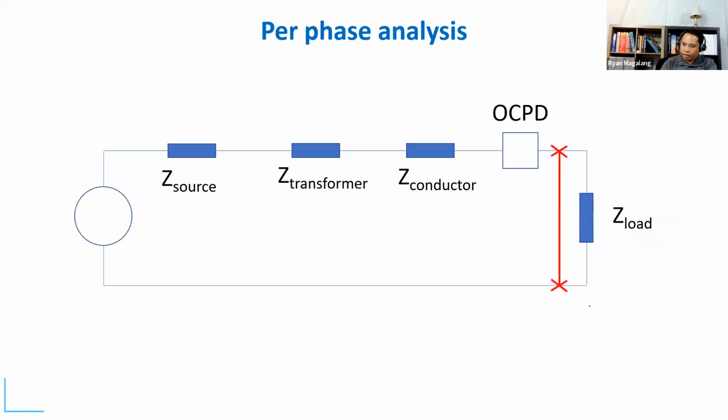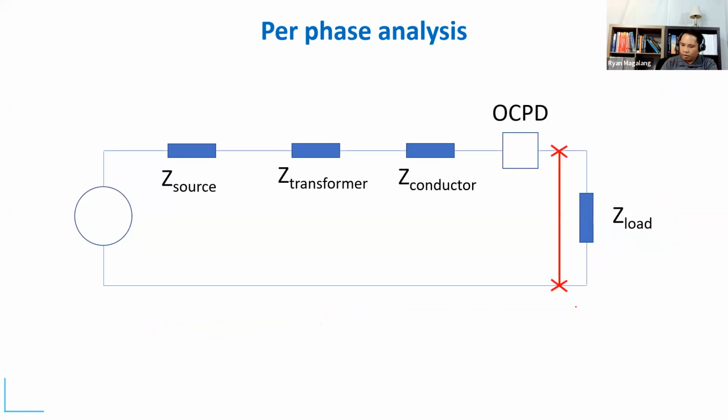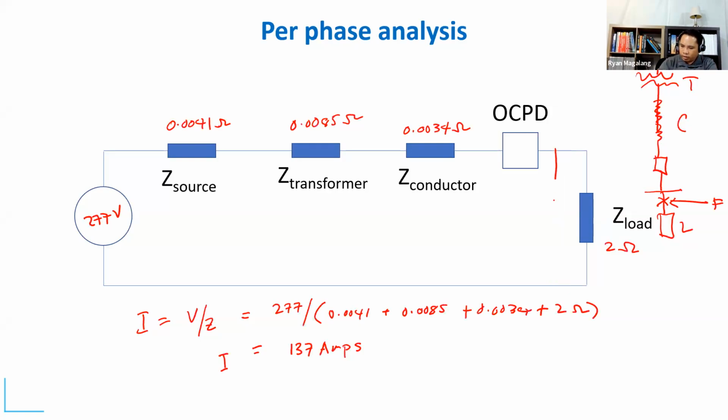Now, consider here in the next slide that there is a fault, somewhere, let's say here. There is a three-phase fault here. As we can see, this is essentially shorted.